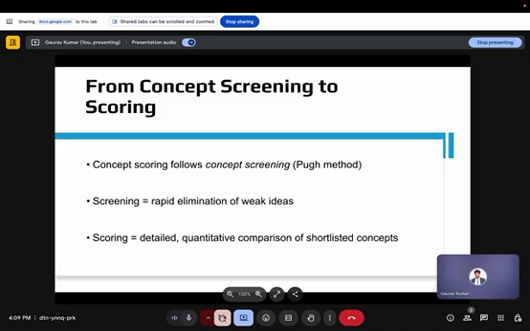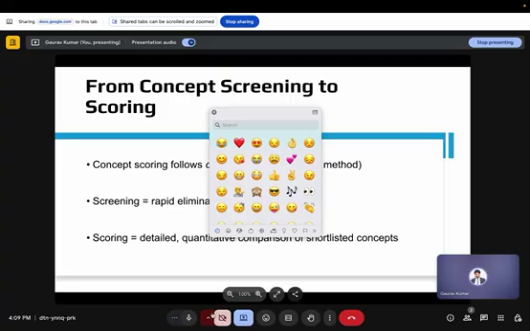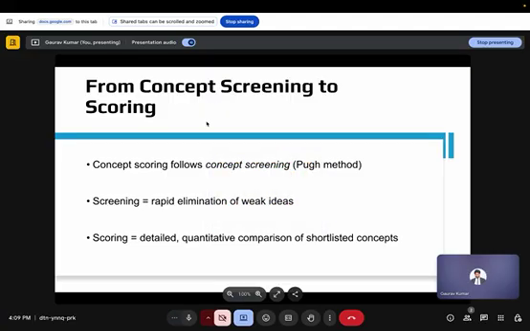So this hierarchical progression ensures efficiency without sacrificing rigor. Concept screening offers breadth, covering many alternatives, while concept scoring offers depth, scrutinizing fewer concepts through measurable comparisons. So the combination of both enables balanced decision making.